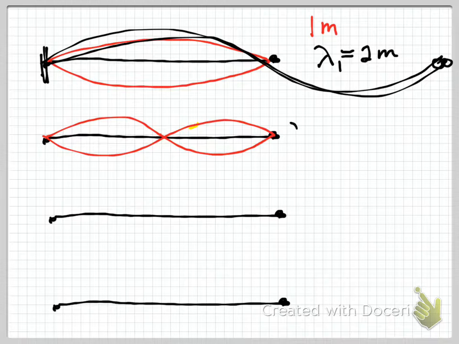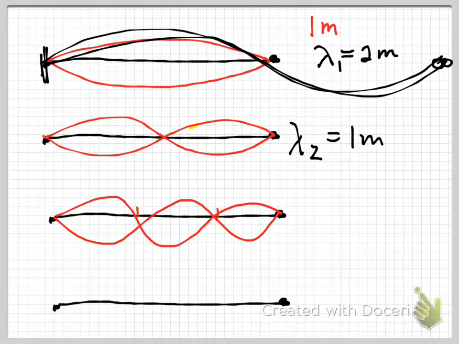What would lambda be for that? There, lambda is 1 meter. Well, I could get a standing wave. This is the hardest one for me to draw always. Okay, we'll finish this conversation up tomorrow. So there's our third harmonic, and we'll pick up with that.